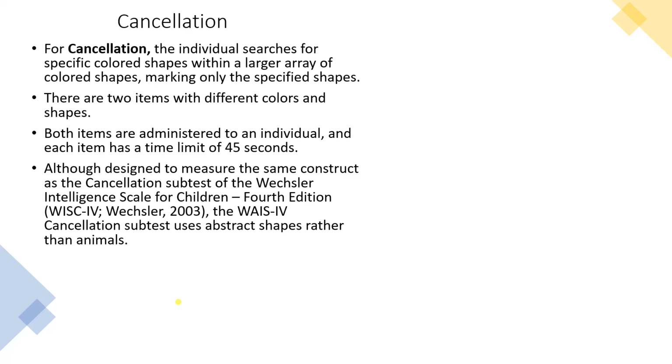The different symbols have to be excluded, and the participant has to cancel out, cross out only those symbols which match the target symbol. And both items are administered to an individual. There are two items, and each item has a time limit of 45 seconds.